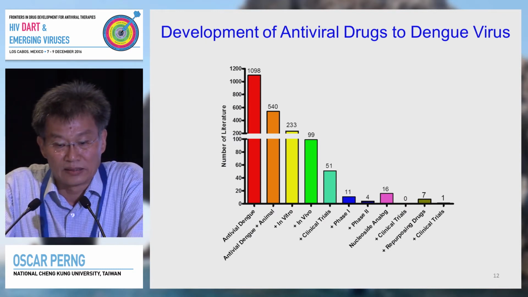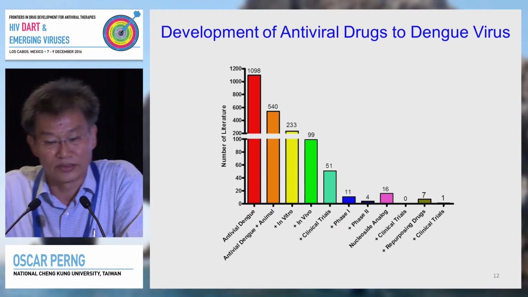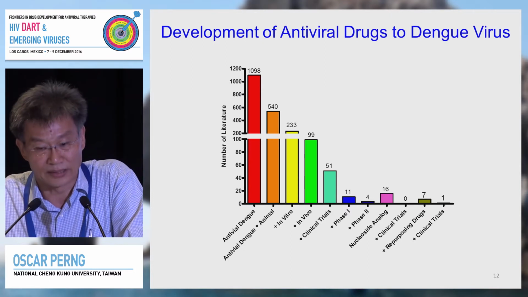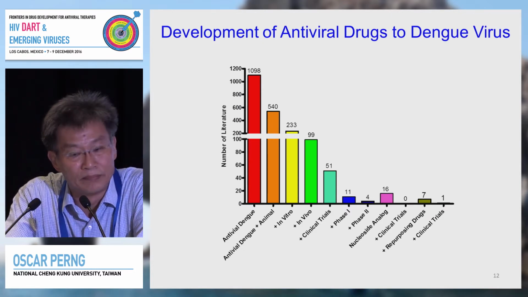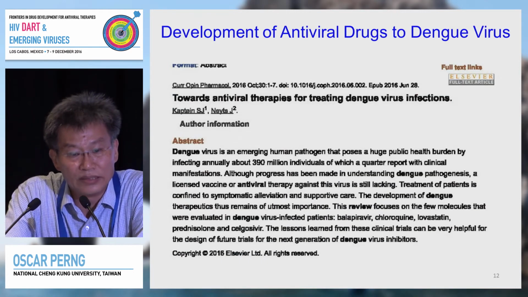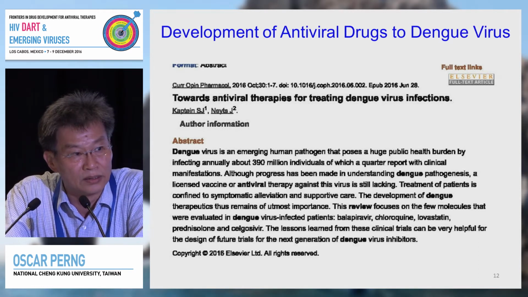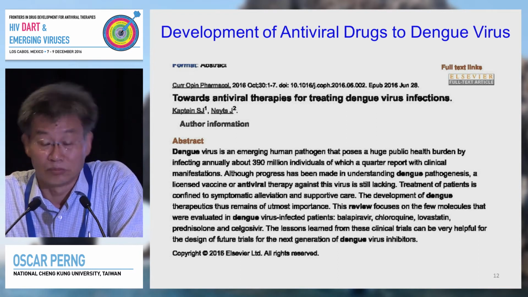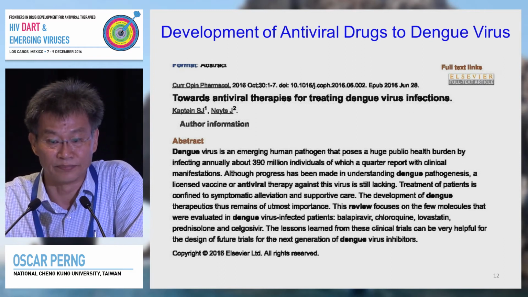Very recently, people try to use nucleosides. With the word nucleoside, there are quite a few papers, but nothing so far in clinical trial. For repurposed drugs, there are some, but clinical trials are still far off. This recent paper talks about the failure of repurposed drugs. There are many repurposed drugs, but in my prediction, they will just waste time and money.